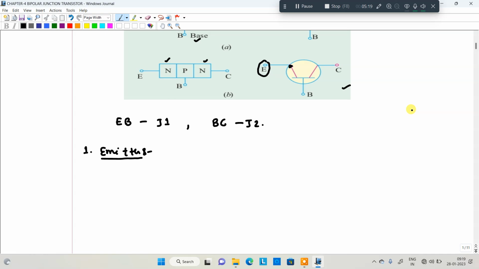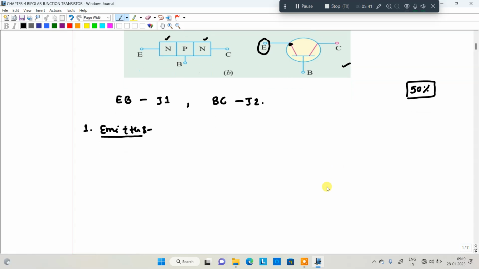In the KVS TGT, more than 50% of marks come from Unit 3 and Unit 4. Unit 1, Unit 3 and Unit 5 we completed, right? The remaining 50% of marks come from this. So everyone concentrate and listen.